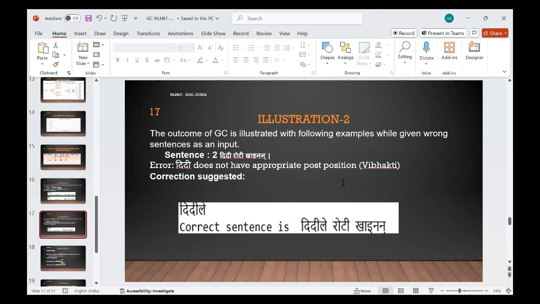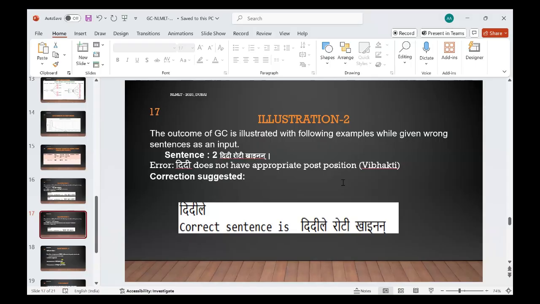The second sentence is like this: Didi roti khainan. Didi, again, means sister is not taking bread. So khainan is a mismatch with Didi, which is feminine, and there is no appropriate post position. The vibhakti, the post position, is wrong.